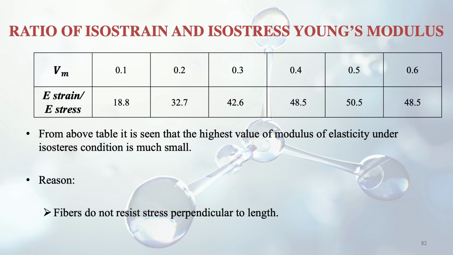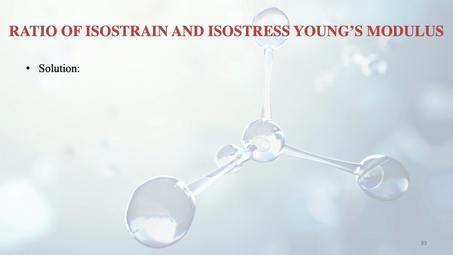The load I had shown you earlier in the figure, in the case of the isostrain, it was acting in a different direction, whereas in the case of isostress it was acting perpendicular to the direction of the isostrain. So that's why the Young's modulus in the case of isostress is lesser, because the fibers cannot resist this type of load. So what is the solution then?